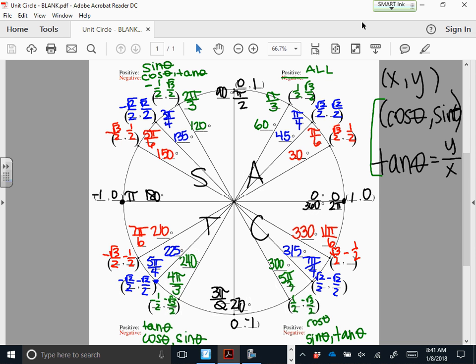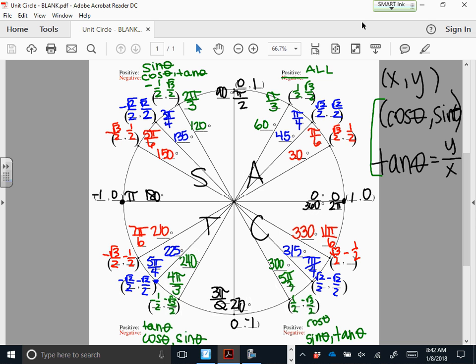If I want to evaluate at pi over 2, these might be good things to write on the back of your unit circle just so you can kind of see what's happening here.